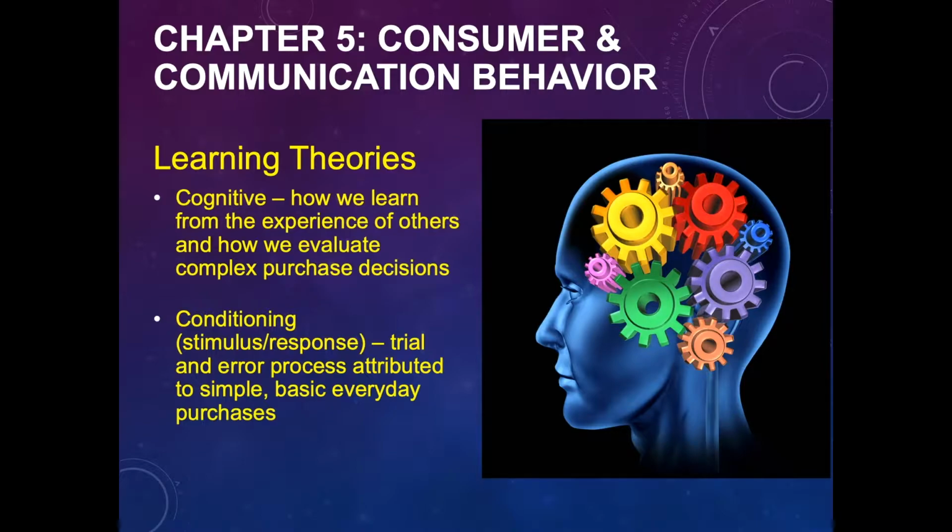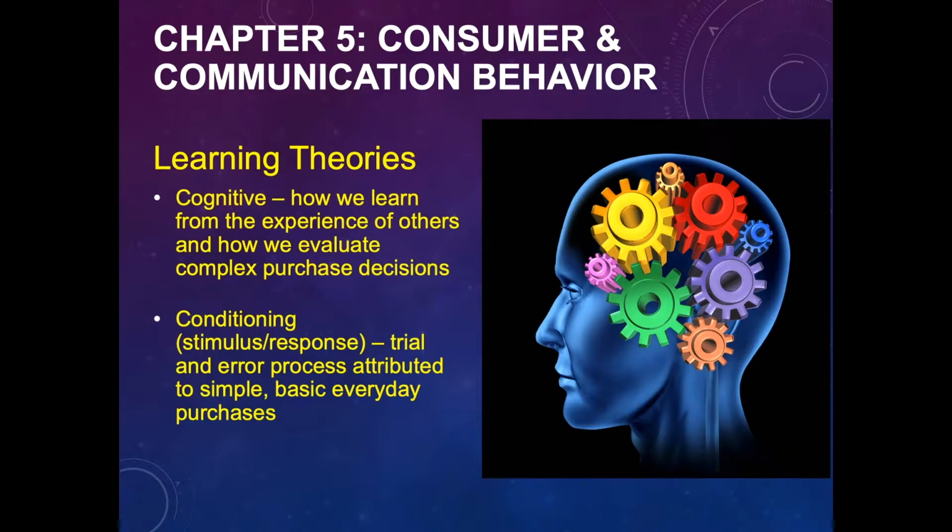In conditioning, this is more of a stimulus response. It treats learning as a trial and error process. The consumer responds to a stimulus, and if the consumer's response reduces the drive, then satisfaction occurs, and the response is rewarded or reinforced. This process is applicable to simple, basic purchases that consumers make every day.